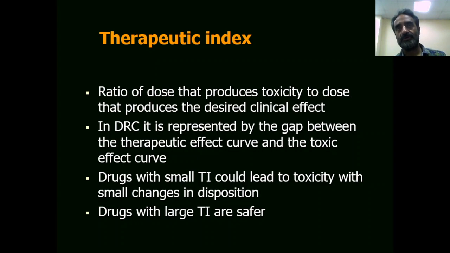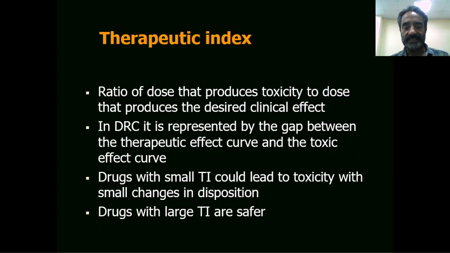So it is also called therapeutic margin. It is the ratio of the dose that produces toxicity to the dose that produces the desired clinical effect.